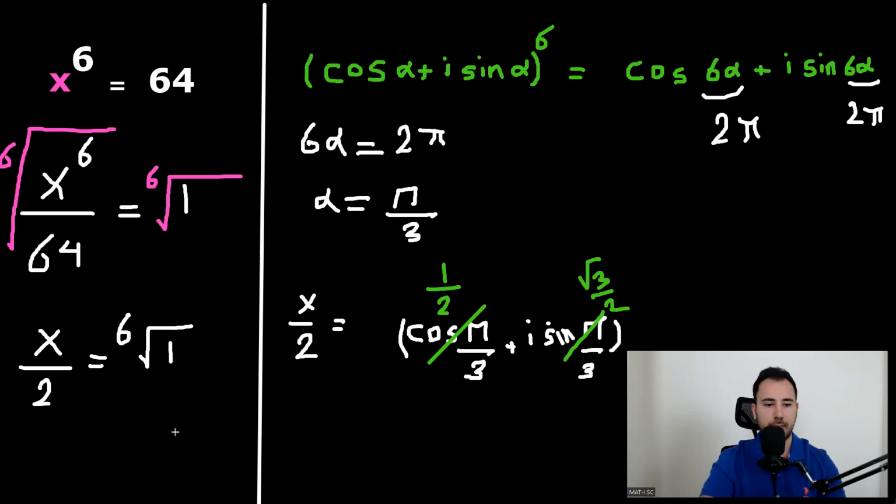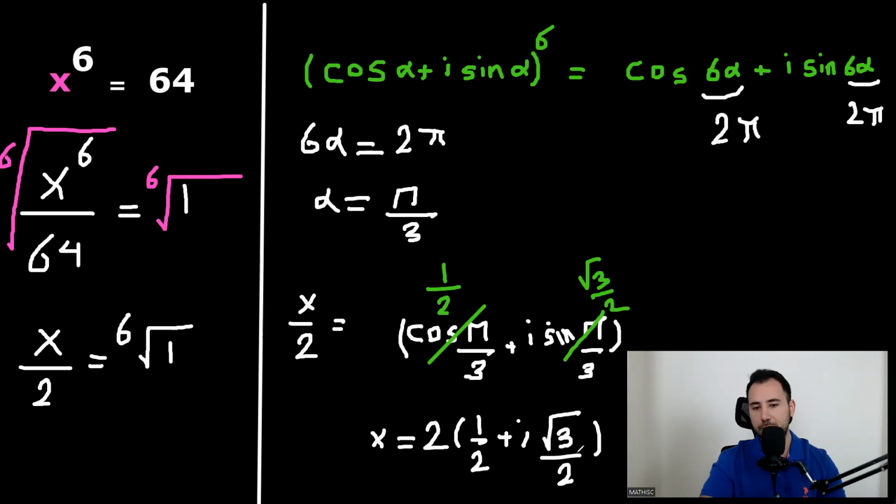So what happens to x? So I'm going to write it here. It's going to be x would be 2 times 1 over 2 plus i square root of 3 over 2.